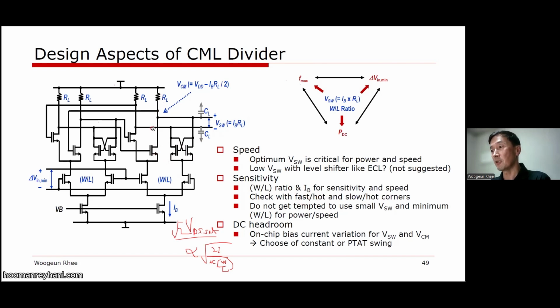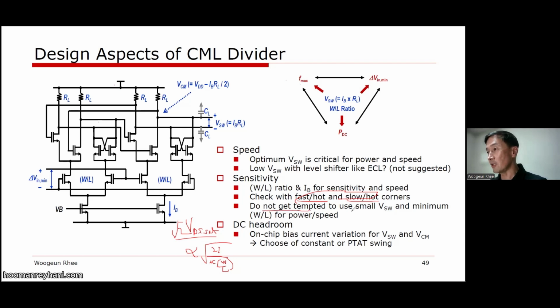So if you don't have time to check all 9 or 10 corner conditions, you must at least check 2 corners, fast hot and slow hot. If you can guarantee the function with these 2 corners, other corners are mostly okay. So these 2 corners are very important.